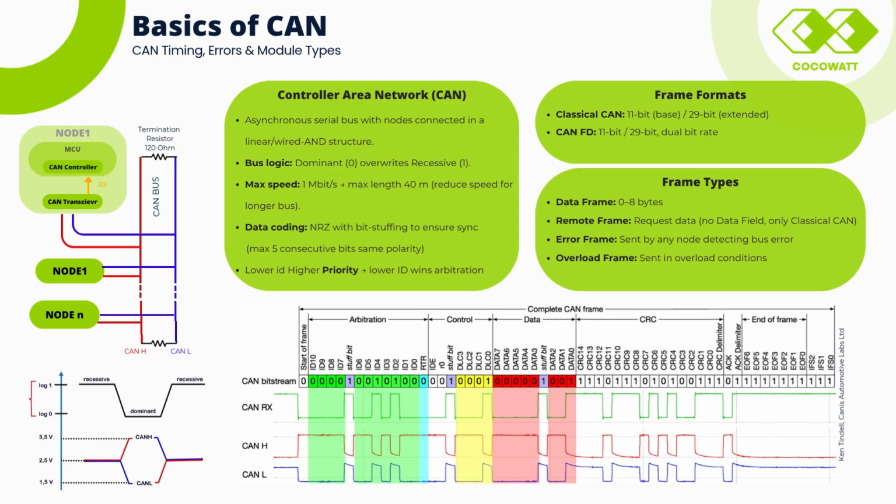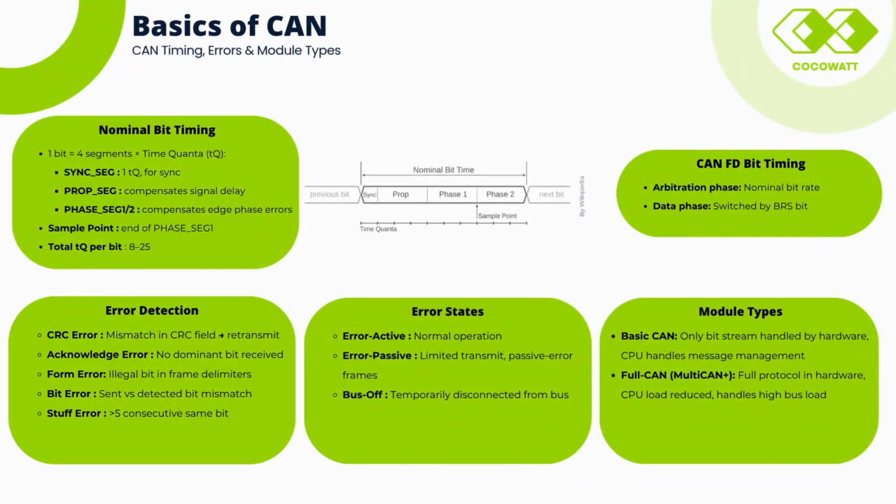Finally, let us touch on the physical aspects. The CAN bus uses 2 lines, CANH and CANL, with termination resistance of 120 ohm. If we come to CAN timings, let us start with nominal bit timing, which is essential for ensuring smooth communication among CAN nodes. Each bit is divided into 4 segments, with time quanta or TQ being the basic timing unit.